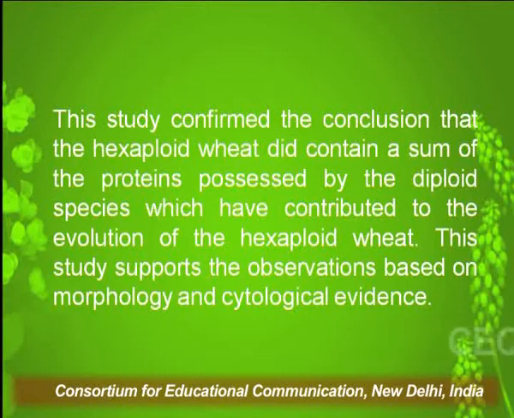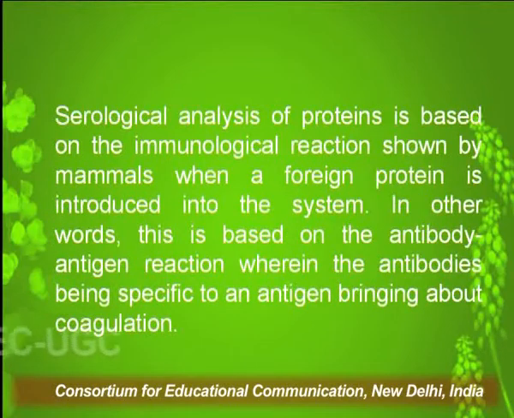The study confirmed the conclusion that the hexaploid wheat did not contain the sum of proteins which were possessed by the diploid species, which have contributed to the evolution of hexaploid wheat. This study supports the observations based on morphology and cytological evidence.